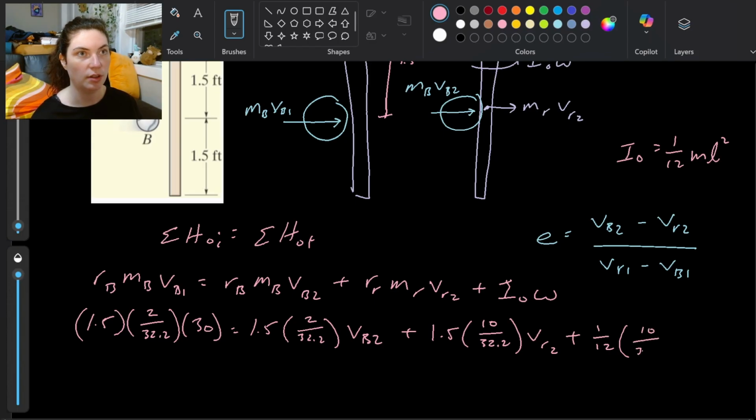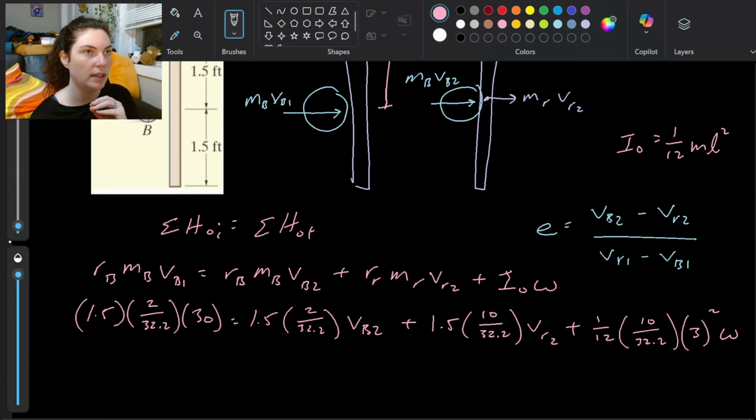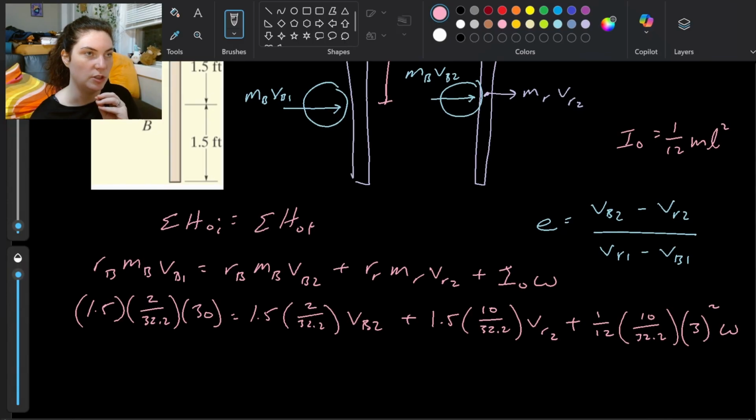So 10 over 32.2 times the length of that rod, which is 3 feet squared, times omega. Right, so we got all the little pieces in there. The only thing that we don't know is how to relate VB2, VR2, and omega.